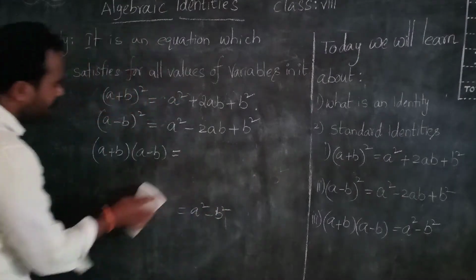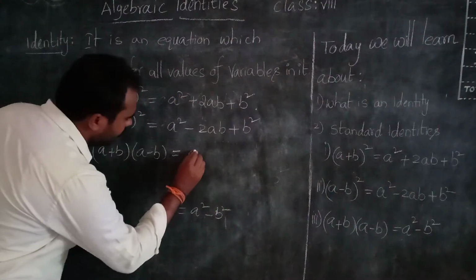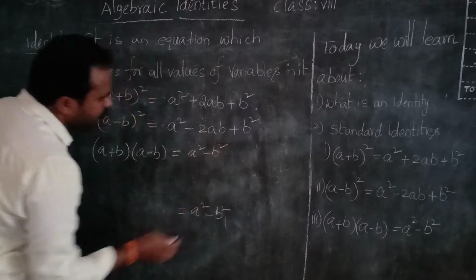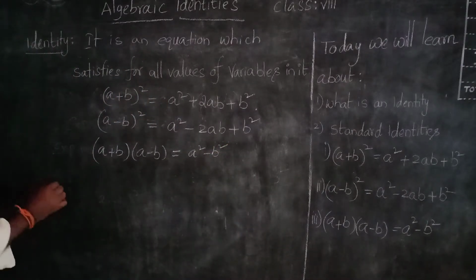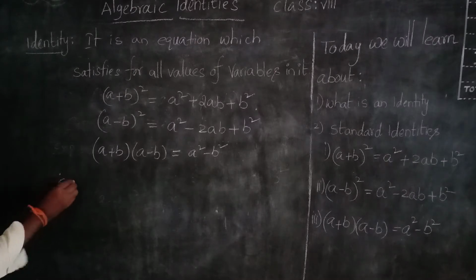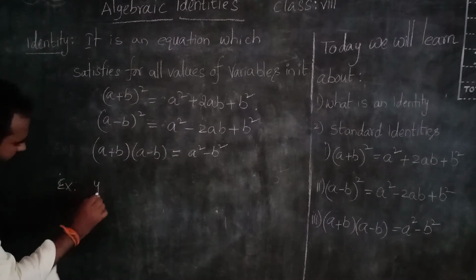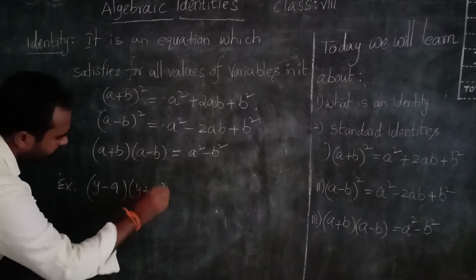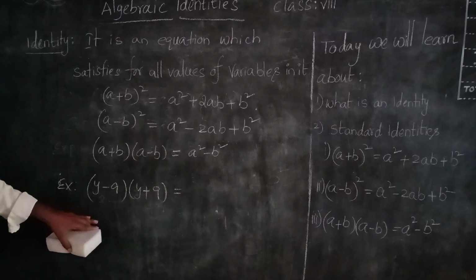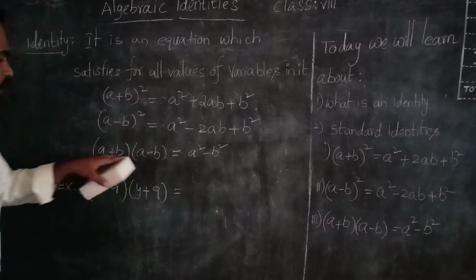So a plus b into a minus b is equal to a square minus b square. Now, first example, y minus 9 into y plus 9. So now it is in the form of a minus b into a plus b.